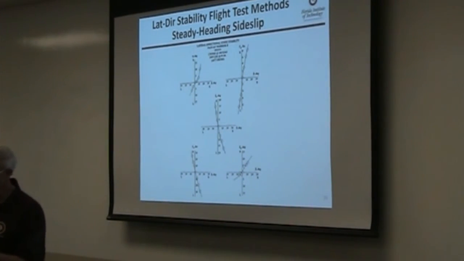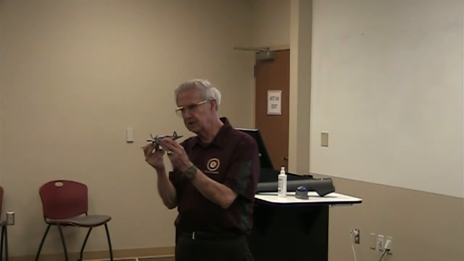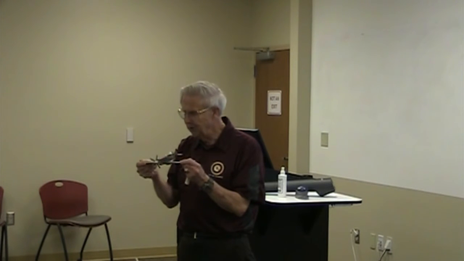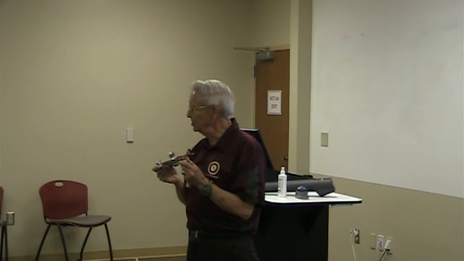As soon as you yaw this airplane, or side slip it enough to start seeing these things, you're going to get separated flow from some part of the airplane. And when that happens, linearity goes out the window. So 2 or 3 degrees of side slip is about all you can expect to have linear equations. Beyond that, they may become very nonlinear.